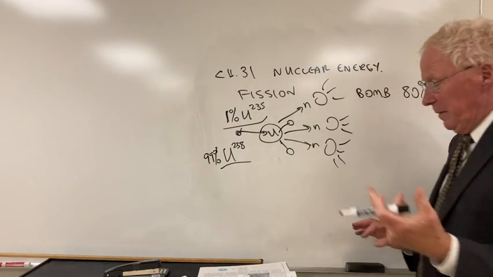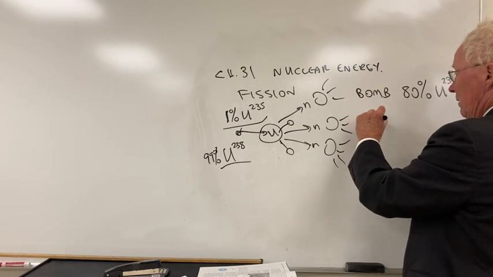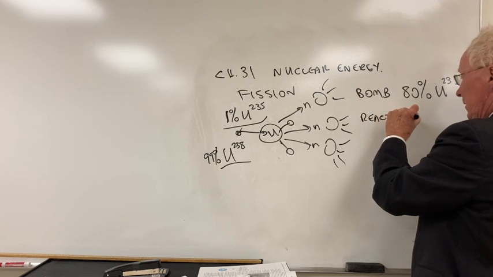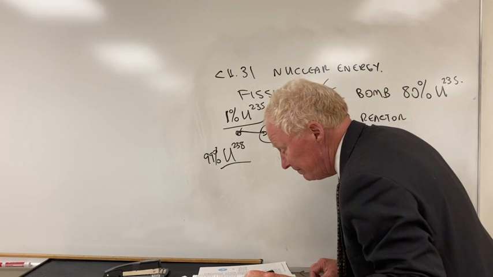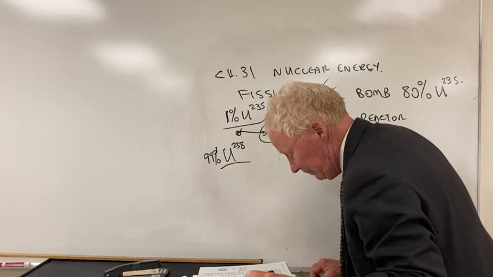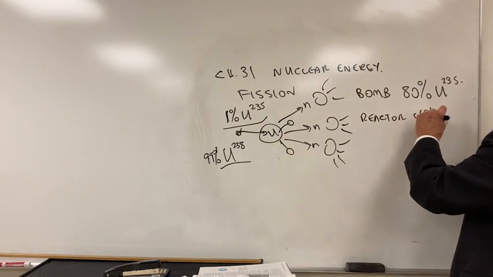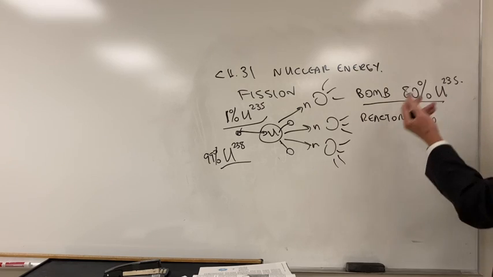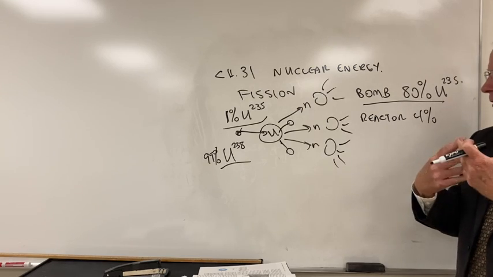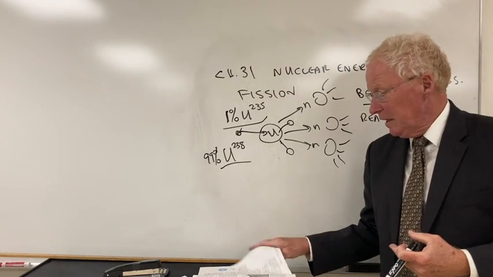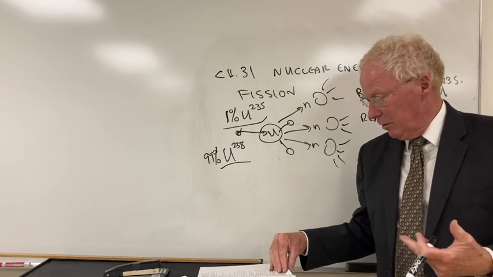That was the whole basis of the Manhattan Project. For a reactor, it's much, much less, maybe on the order of 4%. So for the reactor, about 4% U-235. So for a bomb, you have to have that. If you looked at the lab, you had to get the amount of uranium-235 very high to be able to have that occur. So that's nuclear fission in reactors.